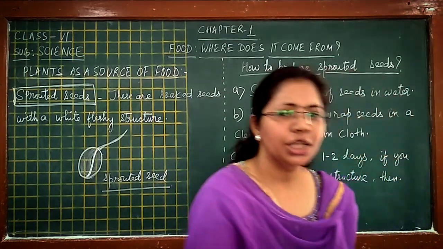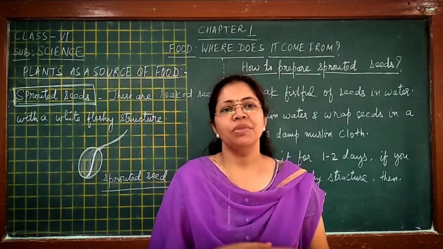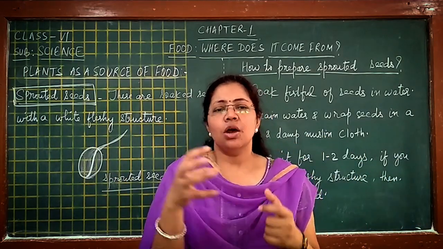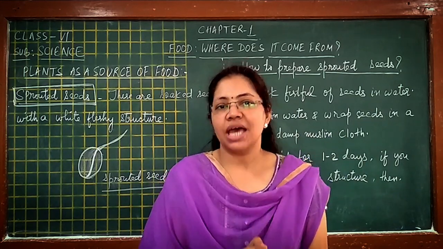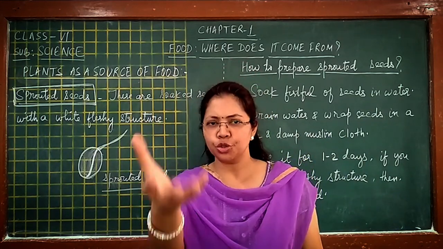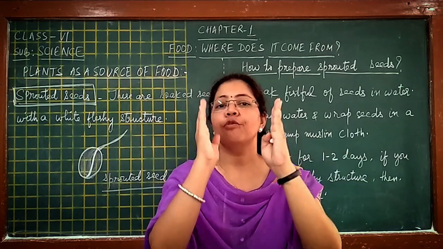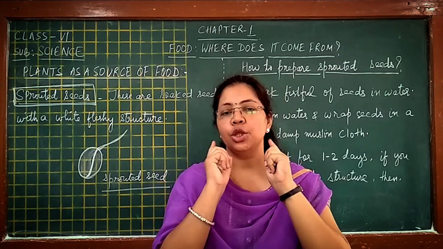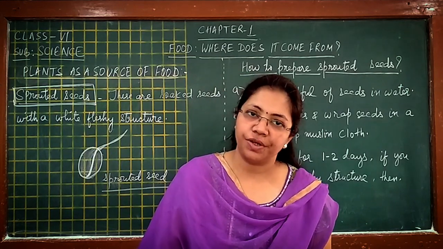Another way is that you can lightly boil them and then add a lot of veggies and spices over it too, and it will become a spicy and tasty snack to eat. So it is up to you in what way you like to eat, but for sure do include sprouted seeds in your diet to get its maximum benefits.